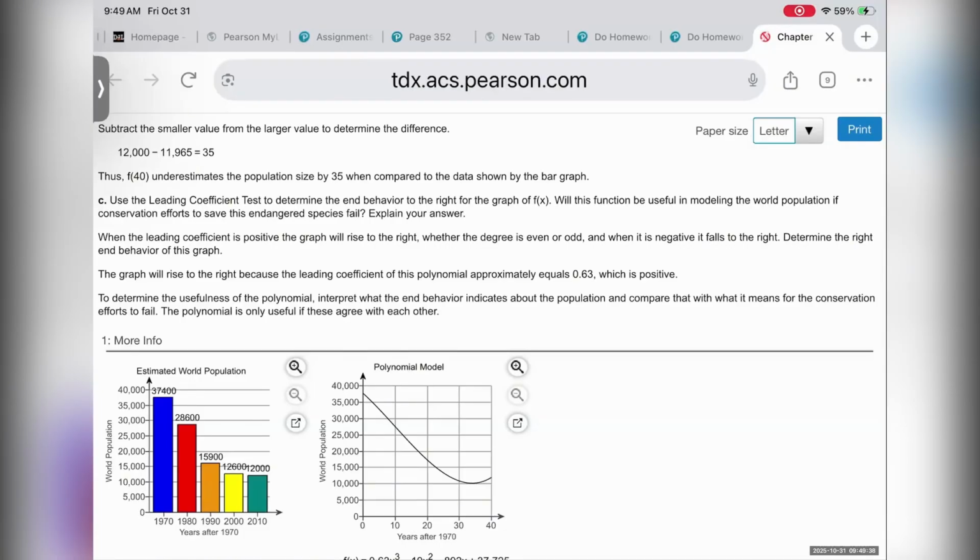To determine the usefulness, interpret what the end behavior indicates for the population and compare it with what it means for the conservation efforts to fail. The polynomial is only useful if these. Okay, I don't even understand that. So what actually is the? Did it say what it is?